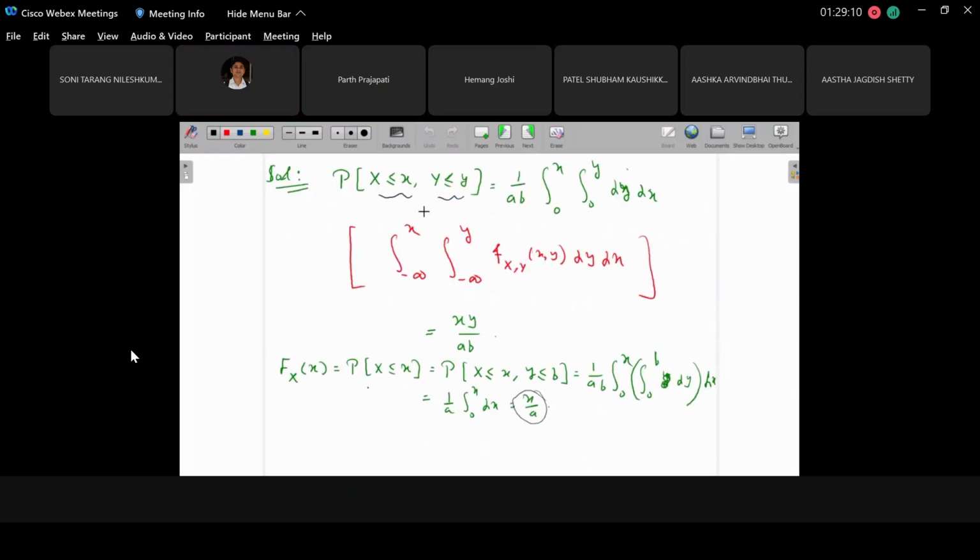So here, you can try this exercise out. The probability that x less than or equal to x, y less than or equal to y, you know what that is going to be: 1 upon AB is out, and you have the integration from 0 to x and 0 to y dy dx, and if you integrate this, it's going to be x times y by AB. Can you work this out?